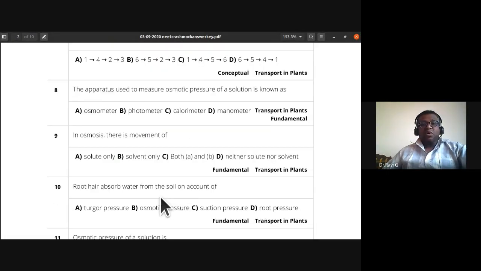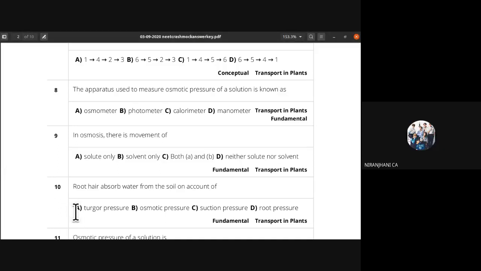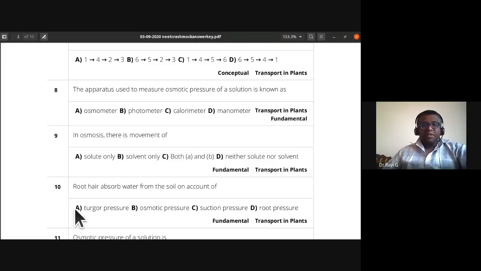Root hair absorb water from the soil on account of, is it turgor pressure, osmotic pressure, suction pressure, or root pressure? So root hair absorb water from the soil on account of which pressure? See, it is root pressure.